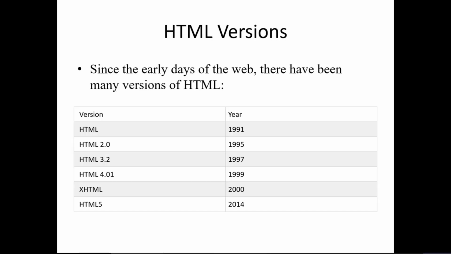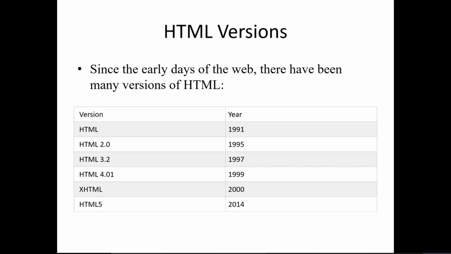HTML versions. Since the early days of the web, there have been many versions of HTML. HTML started in 1991, when the dot-com bubble happened and everyone tried making websites and hosting them on the internet. There was a project named ARPANET around that time.